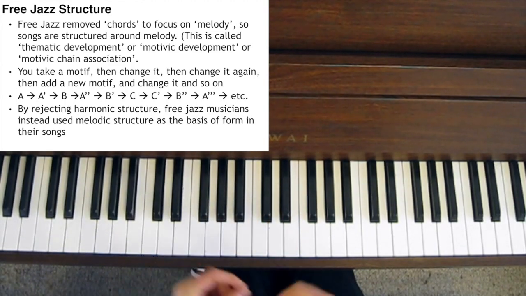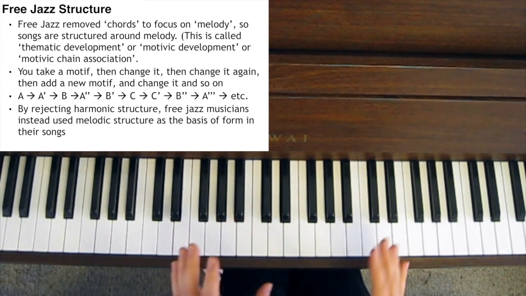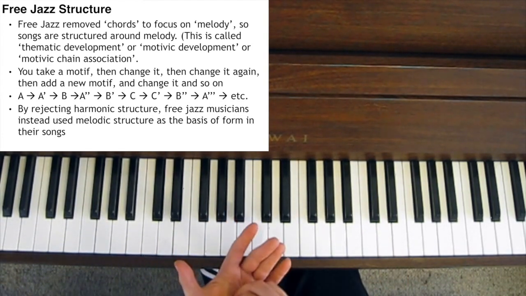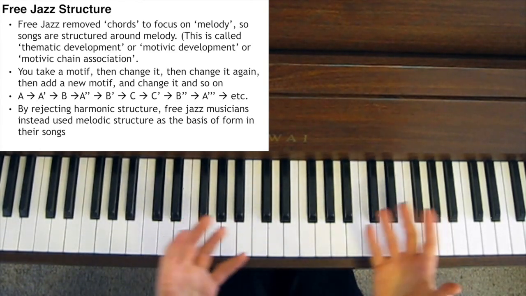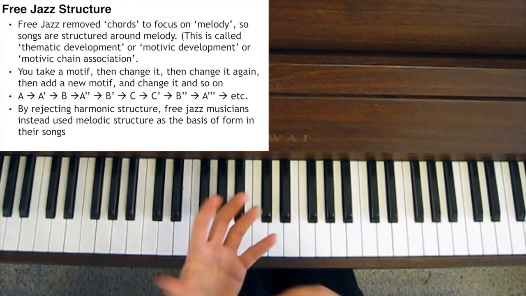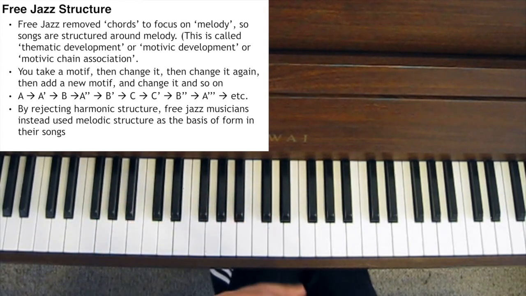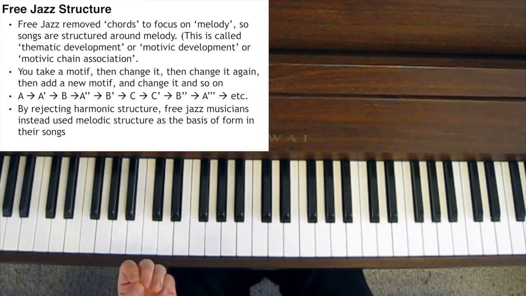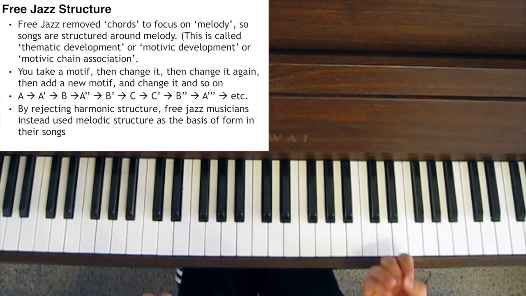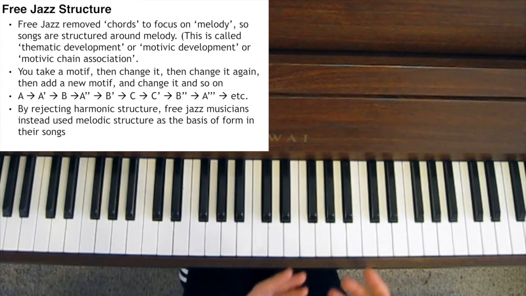So improvisations, despite being free, were often quite structured. So then you're allowed to play whatever you want, but once you've played something and created that motif, you can then structure your entire composition around that idea or motif. So then by rejecting harmonic structure, free jazz musicians instead used melodic structure as the basis for their songs.